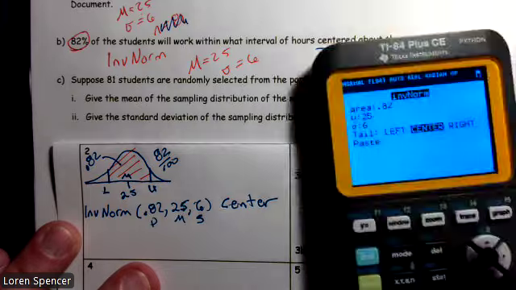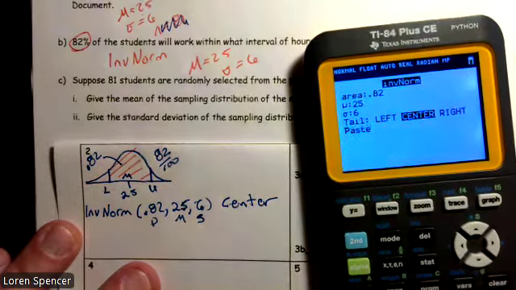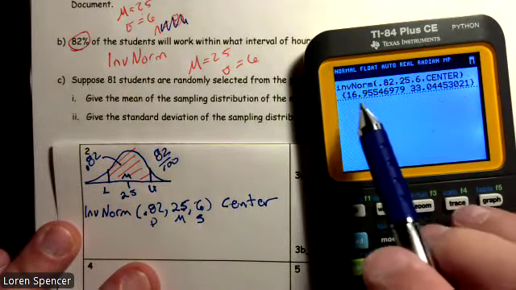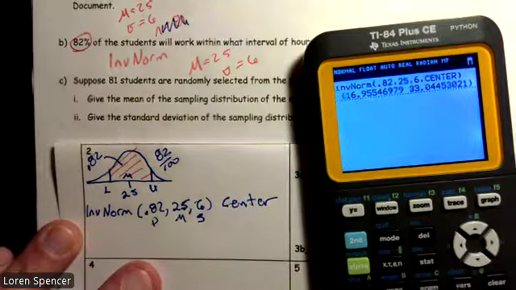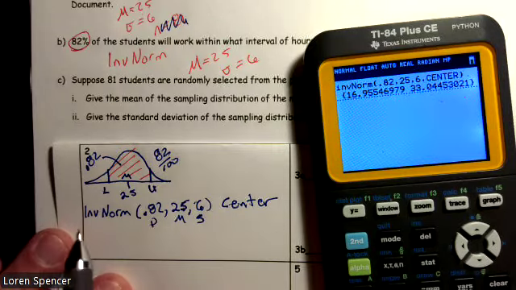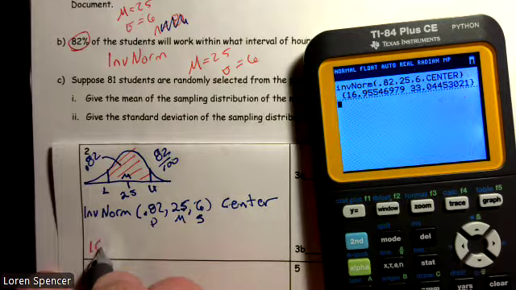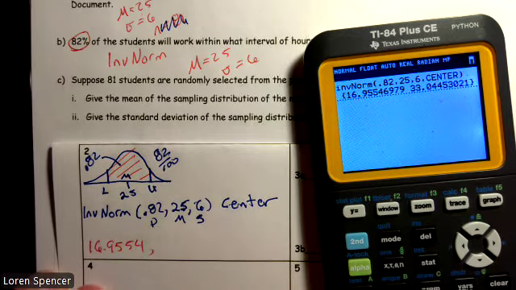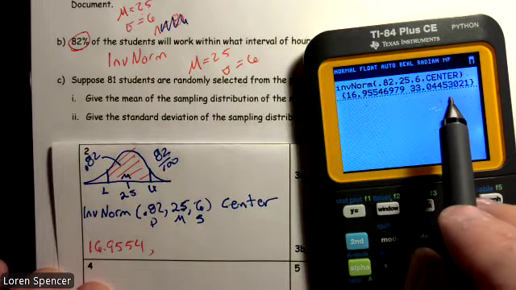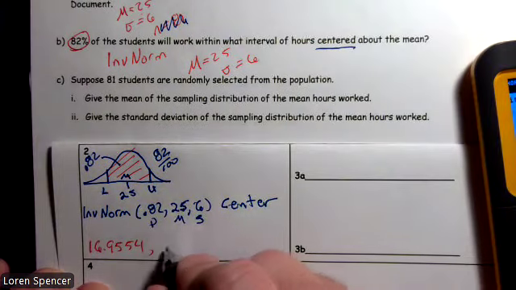All right, so now I have everything off my calculator screen. And because I have a lower and upper, I have two numbers. And those two numbers are 16.9554 with an upper bound of 33.0445.